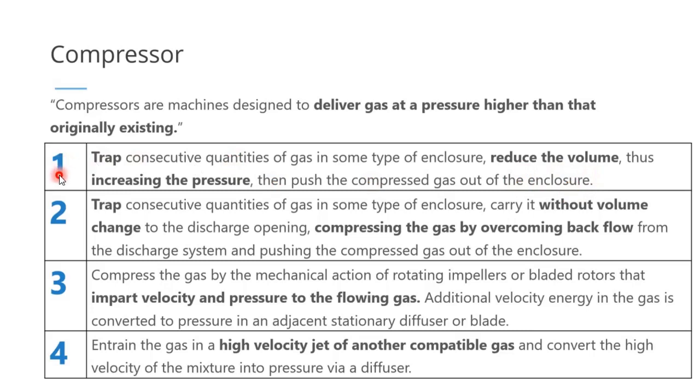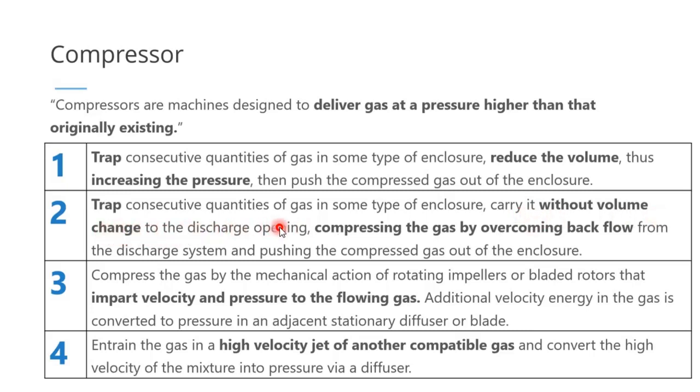So, yun yung unang method or working principle. So, may mga compressor naman na same sa number 1, they trap in some type of enclosure. Then, they carry it without volume change.